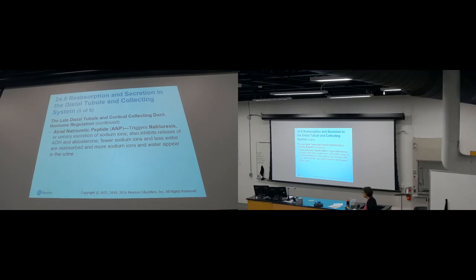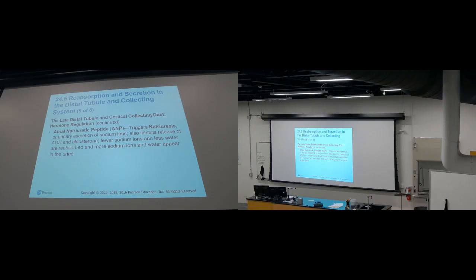And then, just in case, we also have atrial natriuretic peptide. This one is not released when someone needs fluid. It's released when someone has an excess of fluid, because more blood returns to the right atrium and stays there, and that's when you release it. That is an antagonistic hormone for ADH and aldosterone.